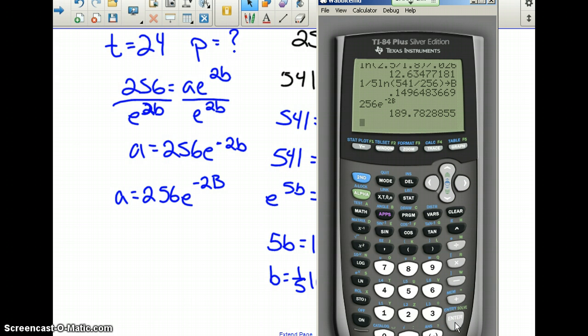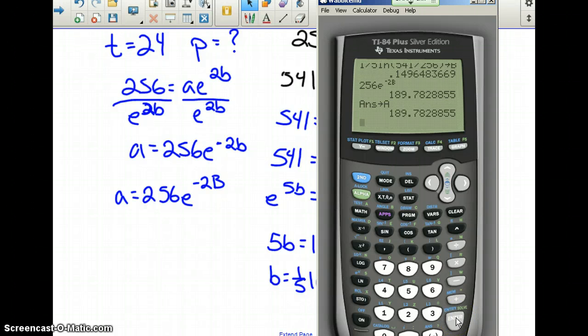And we get that that's 189.78 approximately, which is going to be about 190. We're going to store that as well. Store alpha A.